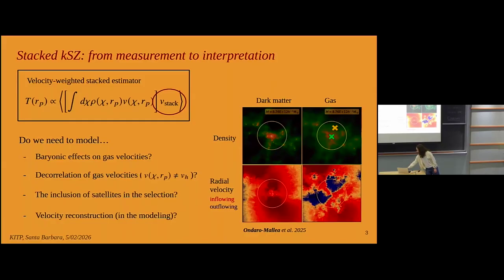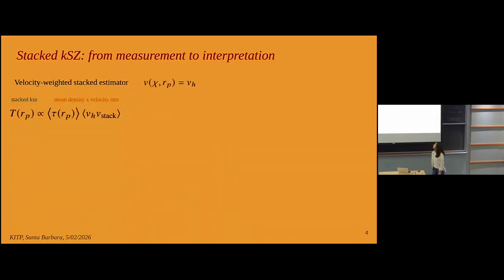The approach I am taking is to take that estimator and write down all the contributions that are mathematically possible, and then test whether they are relevant or not in realistic selections. Starting with this, if we assume that the gas moves with the velocity of the halo that the galaxy is in, we have a first and dominant contribution, the one that we usually take into account: the stacked kSZ is proportional to the mean line of sight density of the gas times some RMS of halo velocities.